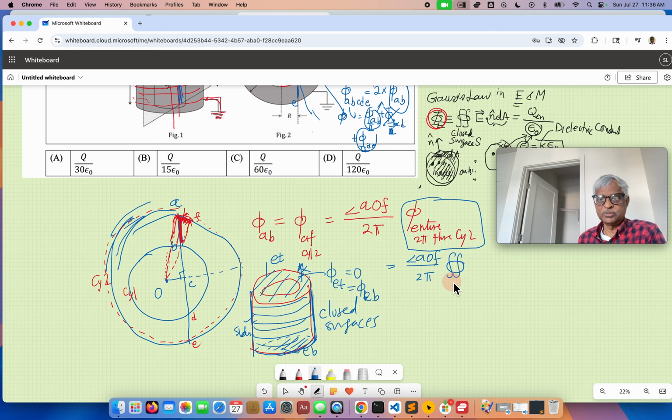this whole closed surface as drawn over here, and this is the flux through the closed surface of E dot dA.